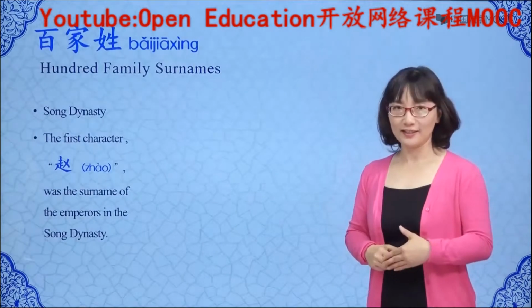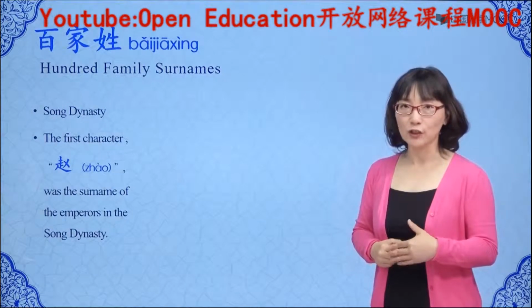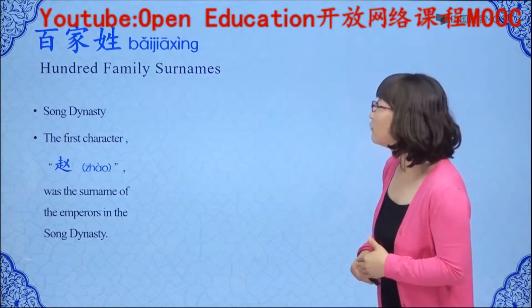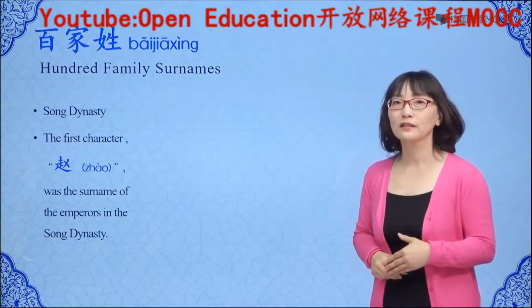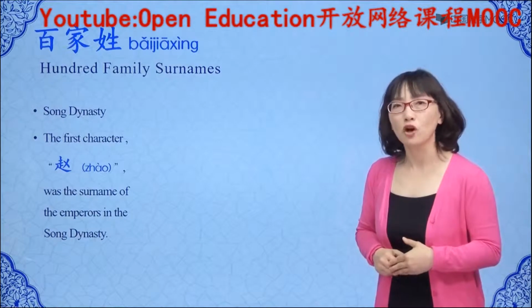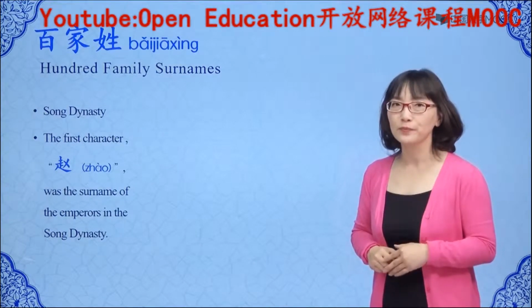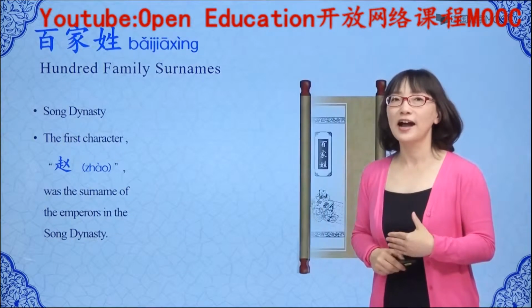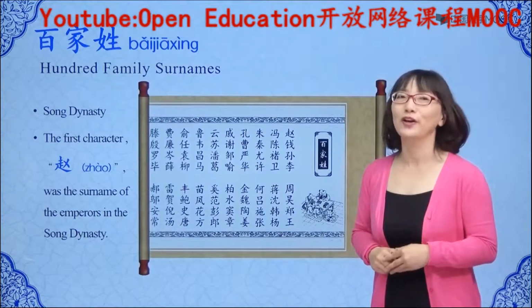During the Song Dynasty, a book was written called 百家姓, literally meaning the 100 family surnames. The book was composed entirely of the surnames of important families at the time. The text, with 4 syllables per line, reads just like a poem.